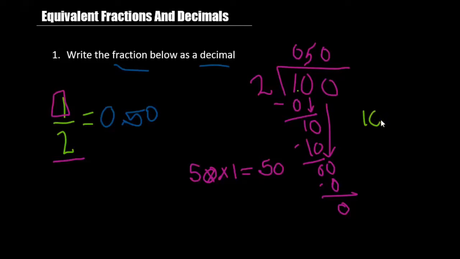So 100 is equal to 1, because this is basically 1.00. So we have 1.00, and what we want to do is we just drift the decimal point up here. So we have 0.50. So that is our answer, 0.50. Let's go to the next question.